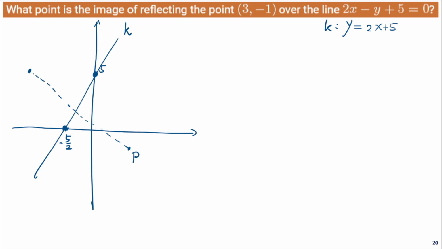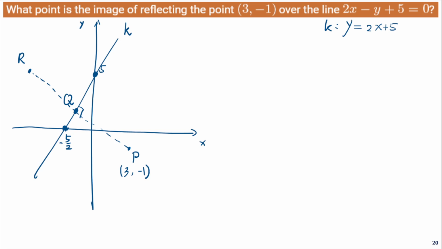So let's call the original point P, and the image R. The point of intersection between RP and K is Q. Because R is the image of P upon reflection over K, segment PR and K are perpendicular, right?